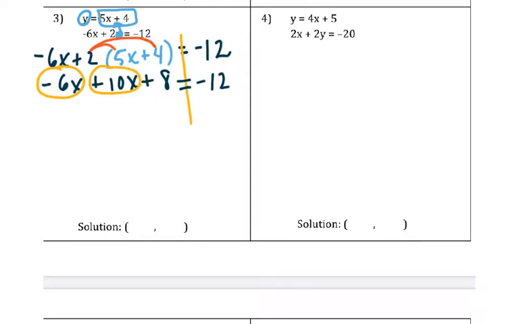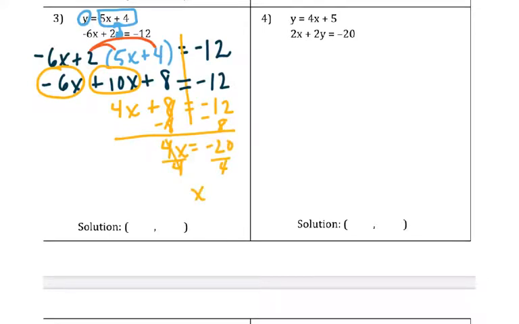Negative 6 plus 10 is the number 4 with an x, plus 8 equals negative 12. We need to get x by itself, so we subtract 8 from both sides. So 4x equals negative 20. Get x by itself by dividing. So x is negative 5.